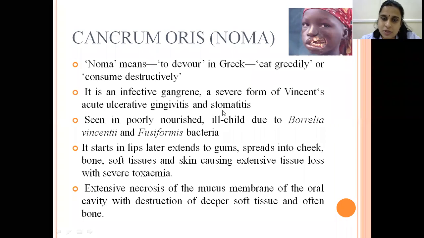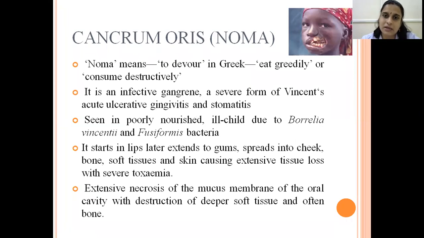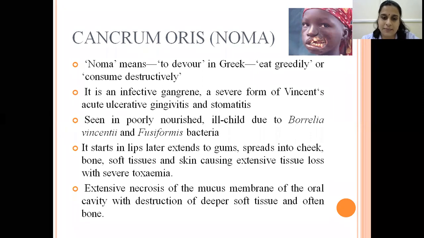What are the predisposing factors to cause noma? Mainly malnourished children, a severely sick child. There is uninterrupted spread of Borrelia vincenti and fusiformis bacterial infection that leads to extensive infectious gangrene of the oral cavity.